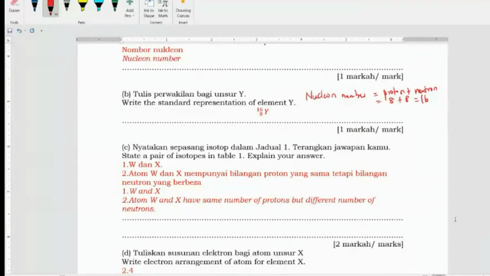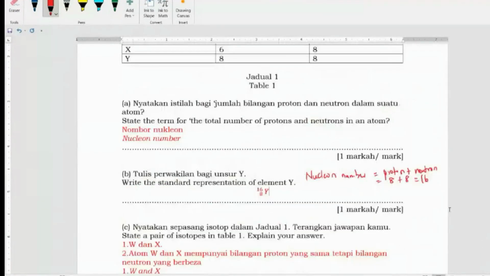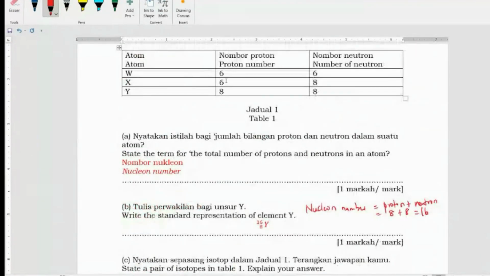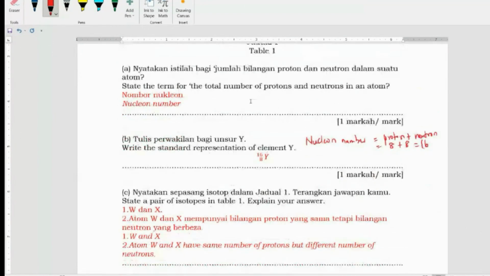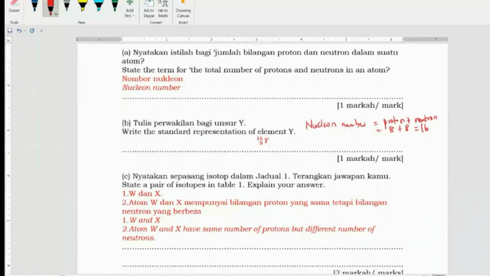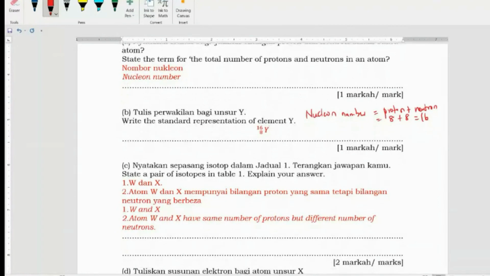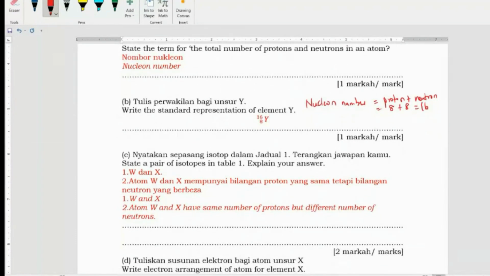Okay. For X, electron arrangement for X. For X, 6 protons, meaning 6 electrons. So what is the electron arrangement? BB, can you answer D?